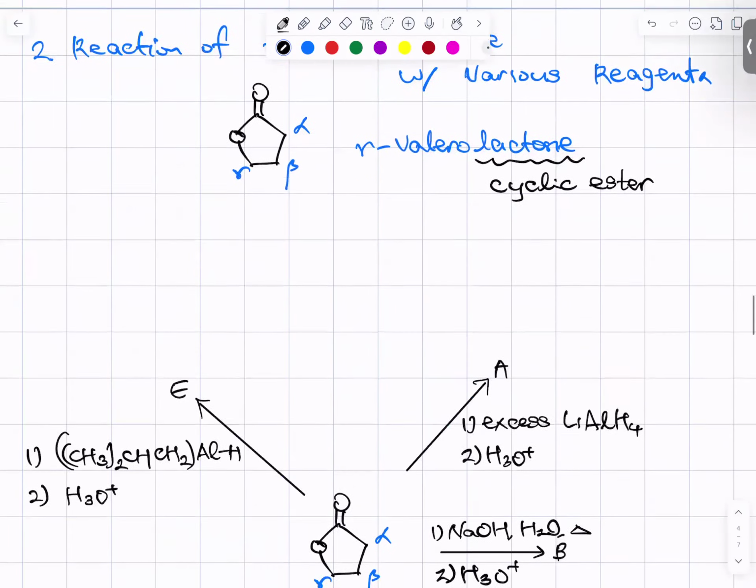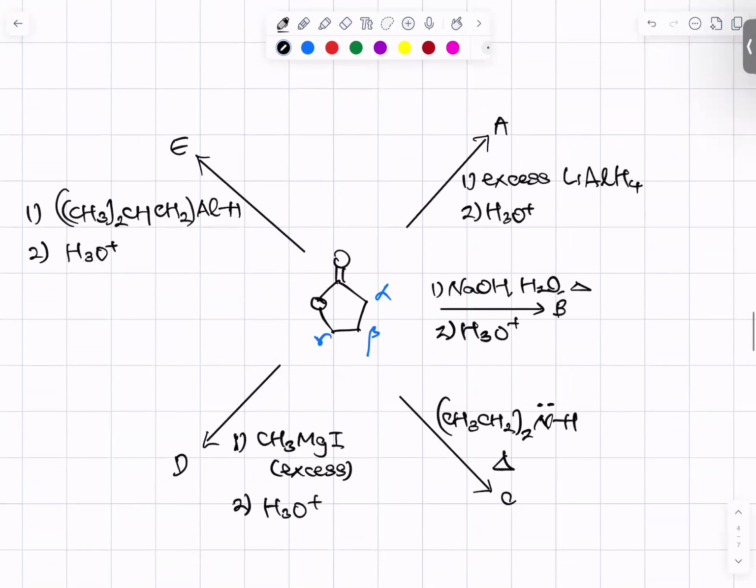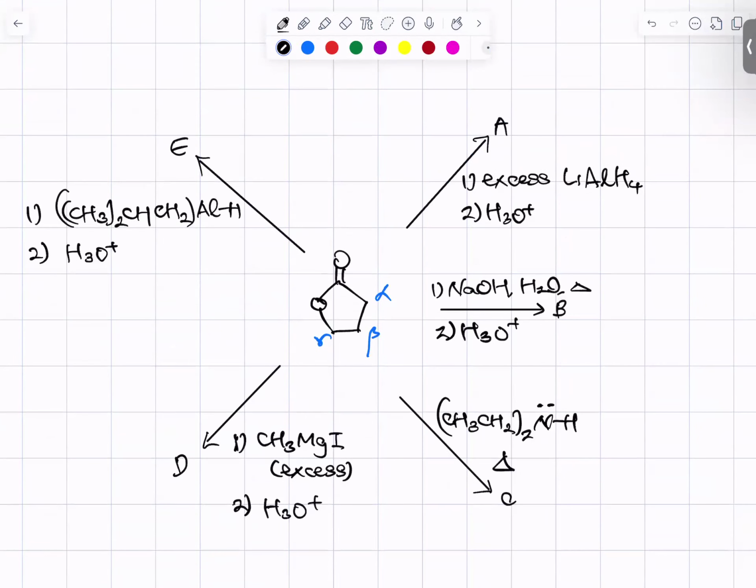Now let's think about reaction of this lactone, cyclic ester. Okay, acid catalyzed or base catalyzed hydrolysis is very important, and the reaction of those other reagents is very important. First, let's think about excess amount of lithium aluminum hydride and acidic workup.